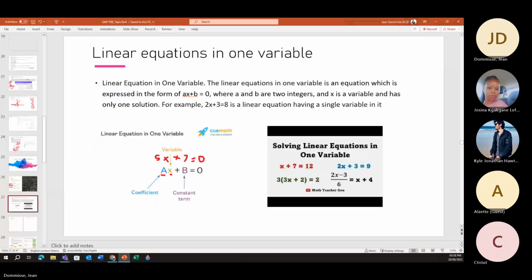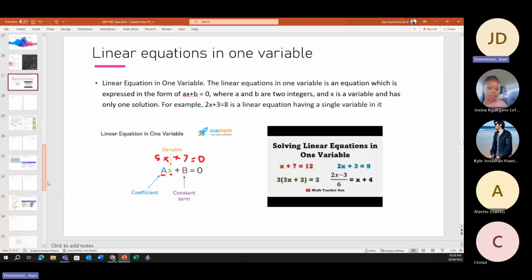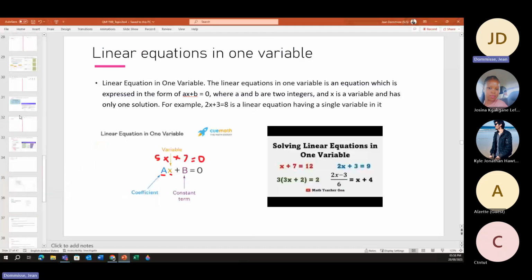And then after you've simplified the fraction, you can go on to solve the equation.